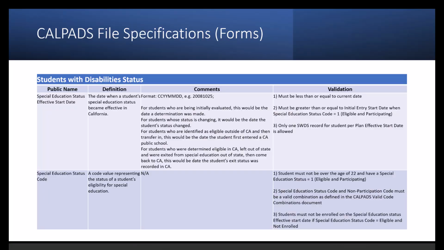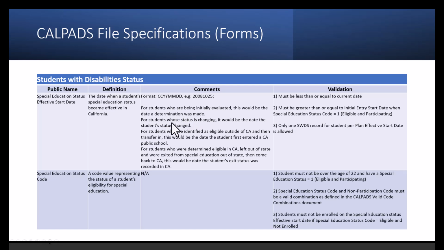There is also the CALPADS file specifications. Understanding what CALPADS is expecting helps us troubleshoot errors. And so here we have an excerpt of the Students with Disability Status, the Special Education Status date. Under comments, you can see information about the status date. The status date for students who are being initially evaluated would be the date of the determination.